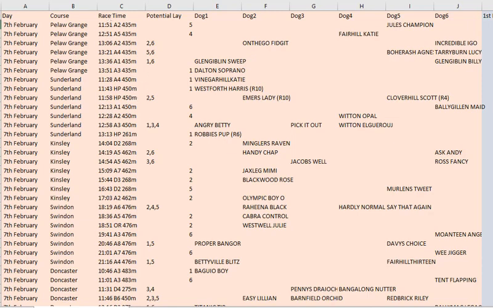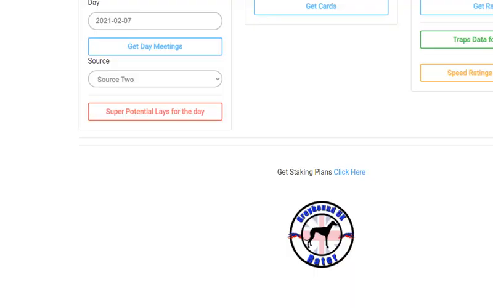If we just have a look at the speed ratings, I'll just pause this and come back. So we've got the speed ratings here for the 7th. If we click on those, we'll get the CSV file downloaded.